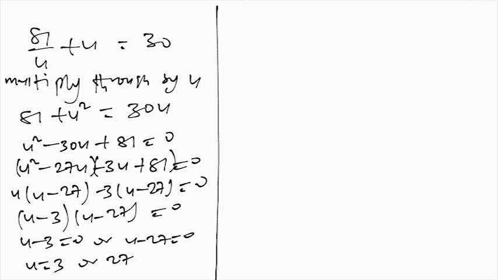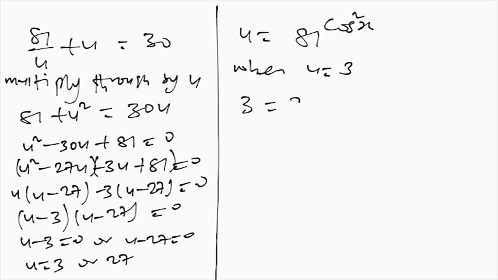But don't forget we said let u be equal to 81 raised to the power of cos square x. So when u equals 3, we have 3 equals 81 raised to the power of cos square x.